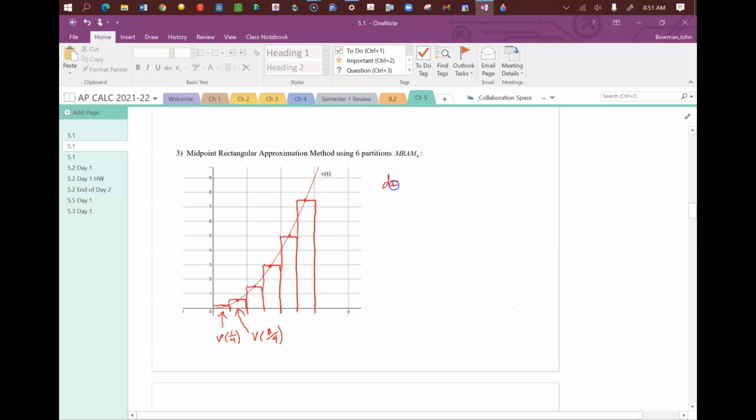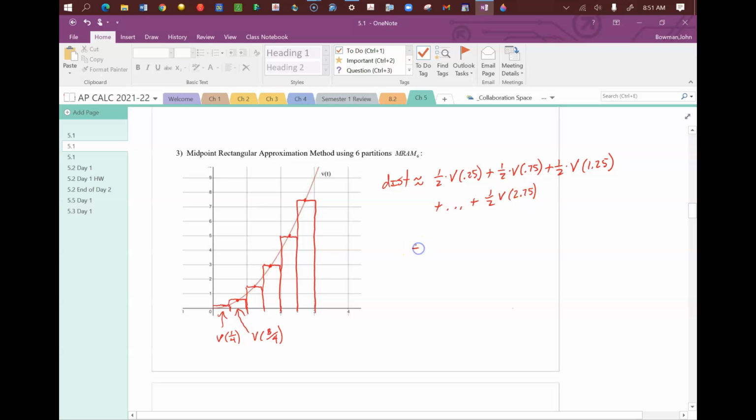So the distance in this case is approximated by 1/2 times v of 1/4, or we'll do it in decimal form, v of 0.25 plus 1/2 times v of 0.75 plus 1/2 times v of 1.25, and you keep adding until you get to 1/2 times v of our last one, which is going to be 2.75.